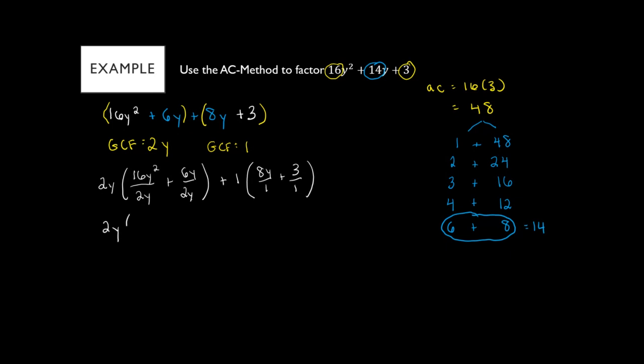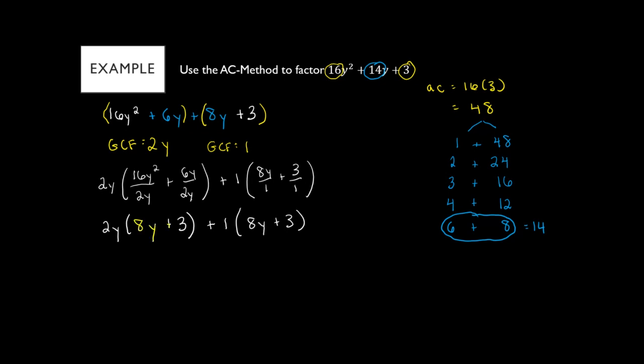And so I'm going to simplify inside the parentheses. 16 divided by 2 is 8, and then I removed a y, so now I'm left with 8y plus 6 divided by 2 is 3, and the y is canceled, so I get 8y plus 3. Then plus 1, and then I'm just dividing by 1, so everything stays the same. So I have 8y plus 3 again.